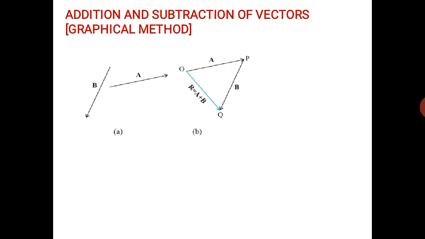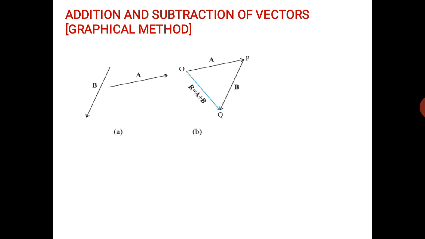And for the second vector B, you have to start from P and it ends at Q. So now we can say the line OP with arrow indicates the vector A, and line PQ indicates the vector B.